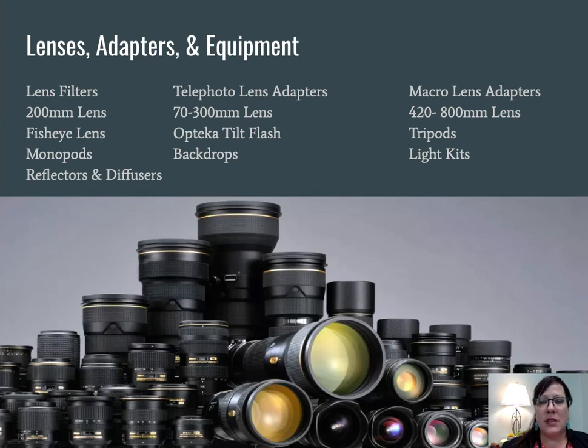What that means is it really blurs out the background and it really looks great for portraits. I'm continuing to try to get us some additional specialty lenses, but at this time we do have a wide variety of adapters and lenses and equipment that you can learn from.